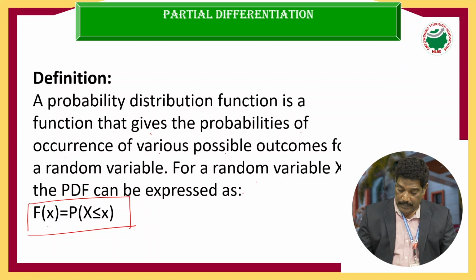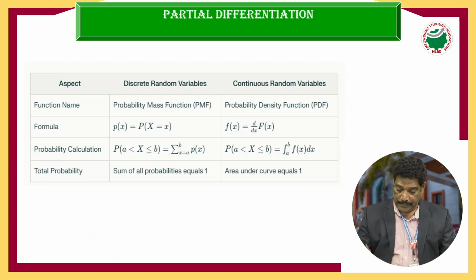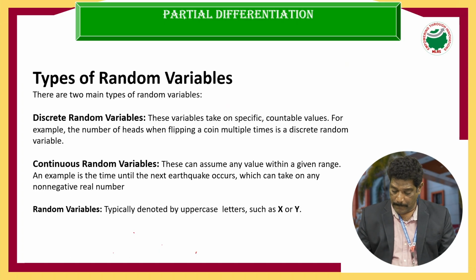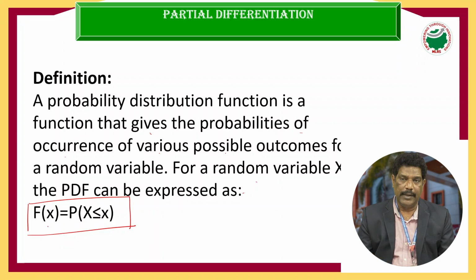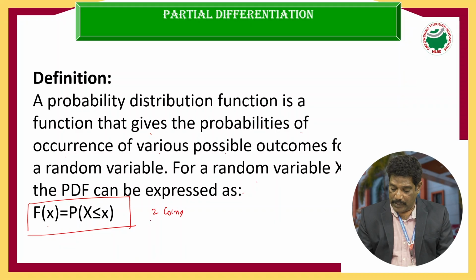Let's have a small example based on this. On tossing two coins, what is the sample space we will get? Both coins may fall head, one head and one tail, one tail and one head, and both tail.